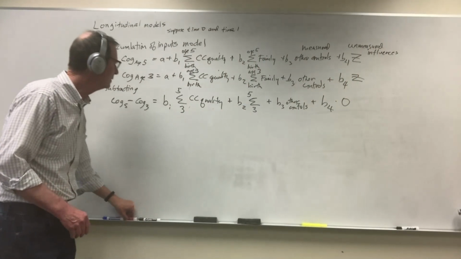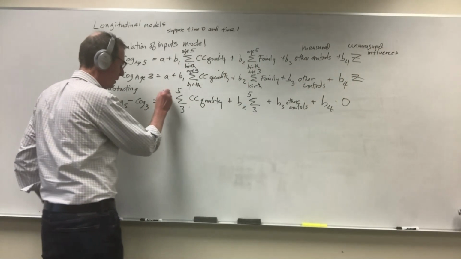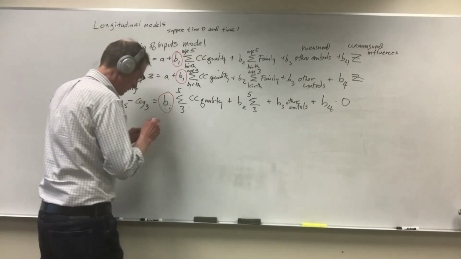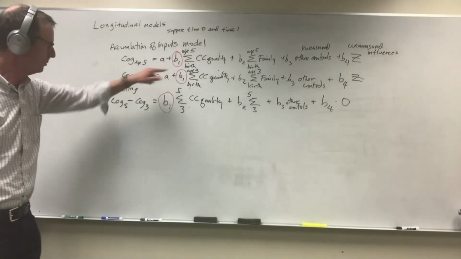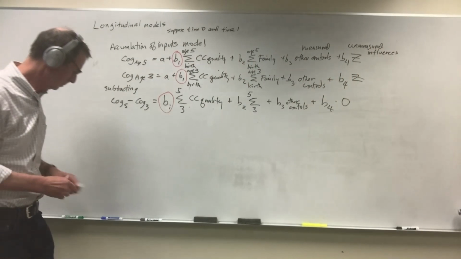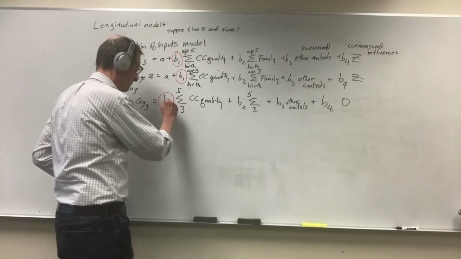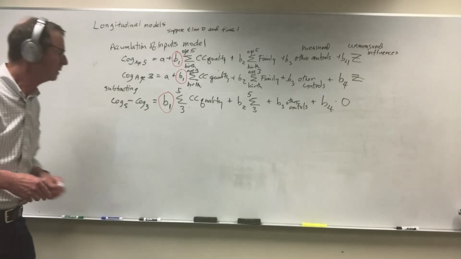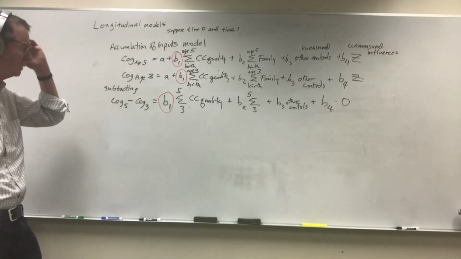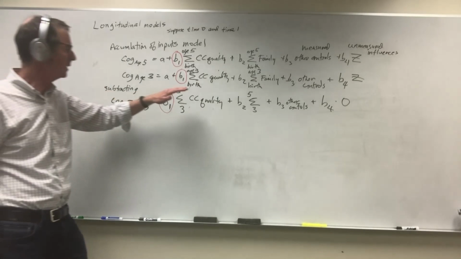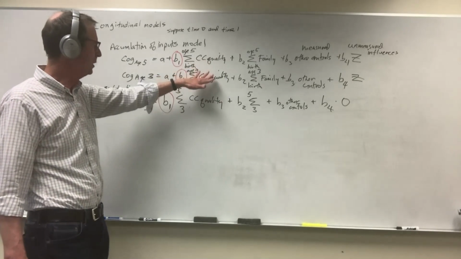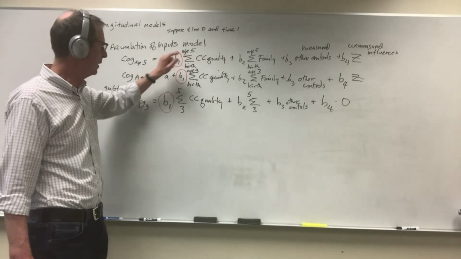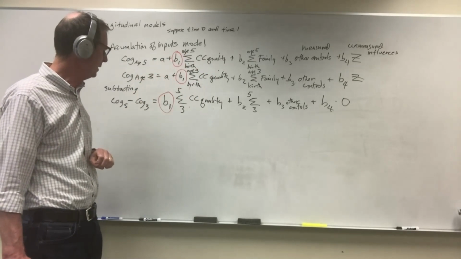And here again, this B1 has exactly the same interpretation as the B1s here. So even though it's a different equation, these are unit increases in childcare quality, averaged from birth to 5, averaged from birth to age 3.